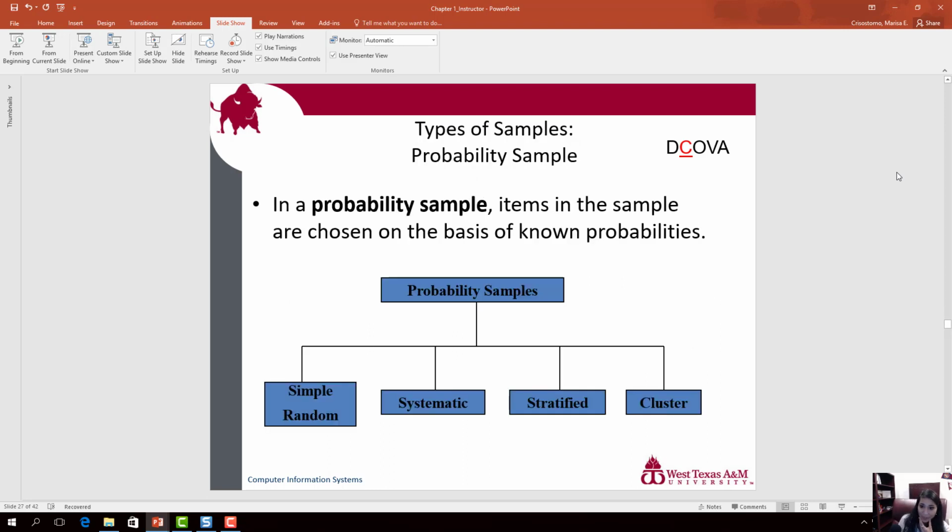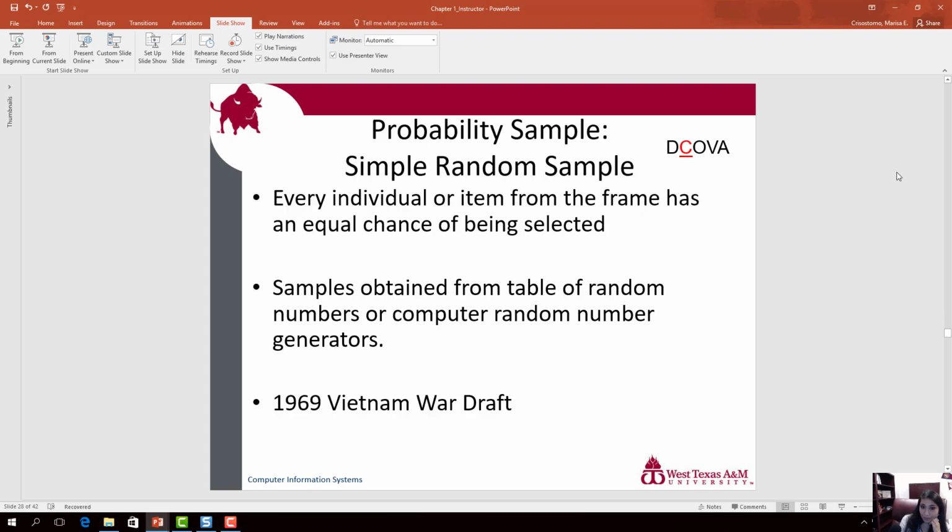A probability sample, on the other hand, is one where items in the sample are chosen on the basis of known probabilities. For a simple random sample, every individual item in the frame has an equal chance of being selected, and samples are obtained from a table of random numbers or computer random number generators.